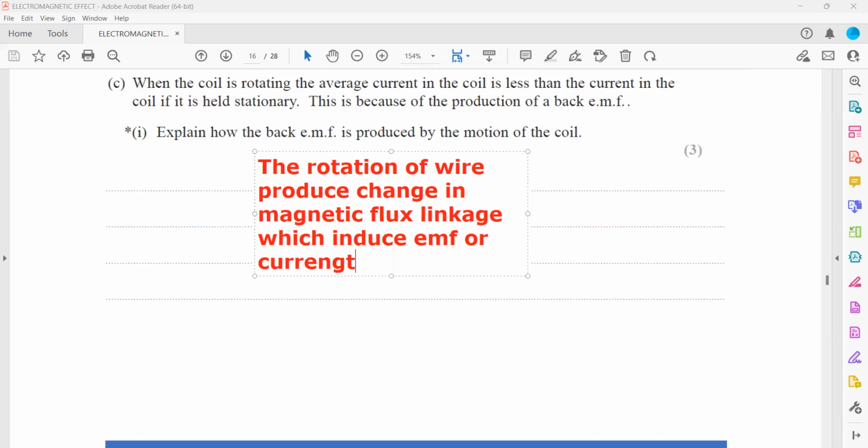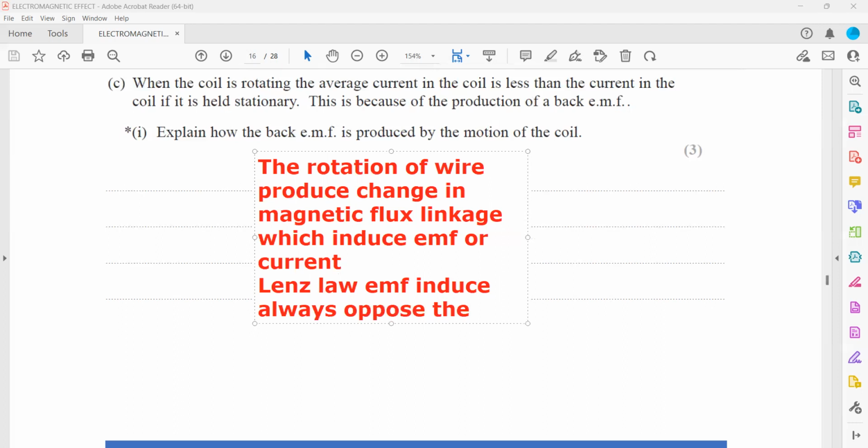And according to Lenz's law, the EMF induced always opposes the change in magnetic field or the potential applied.